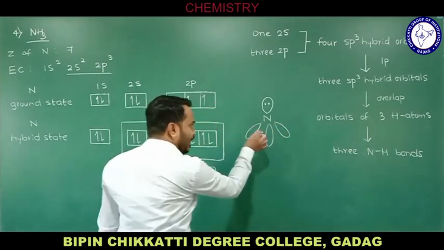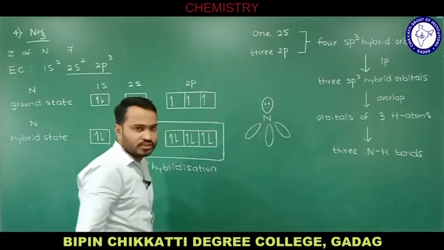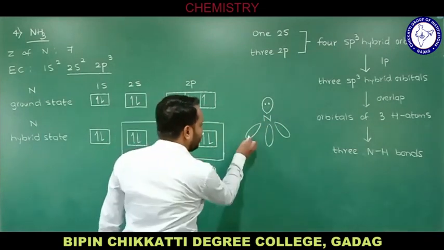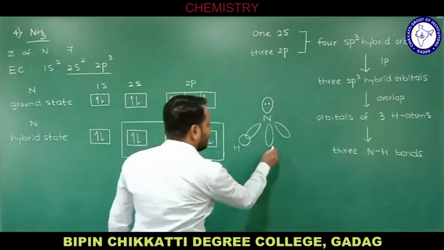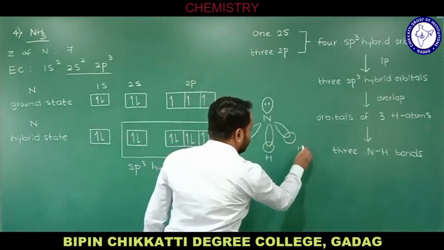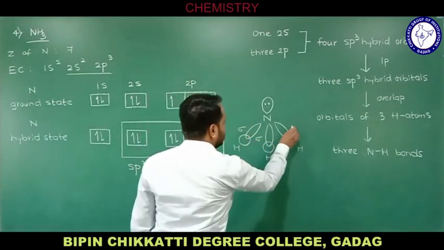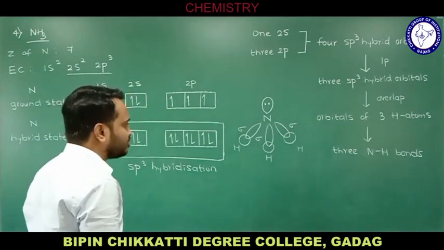I mentioned only the main lobes, and we have 3 hydrogen atoms. This is spherical in shape, one electron we have for each hydrogen. And here a sigma bond is formed since head-on overlapping of hybrid orbitals with atomic orbitals takes place.